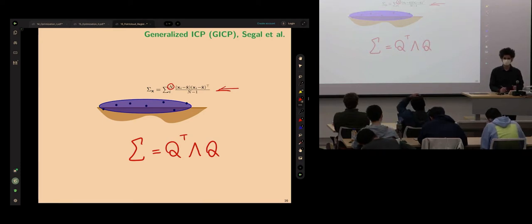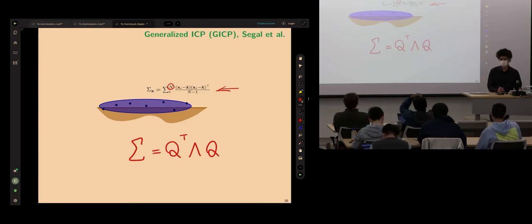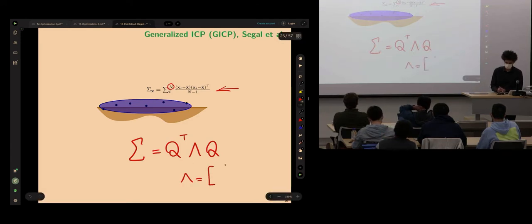Covariance is a symmetric positive semi-definite matrix. So eigenvalues are either positive or 0. In any case, because it's symmetric, you can solve the eigen decomposition problem. So these will be lambda 1, lambda 2, lambda 3.